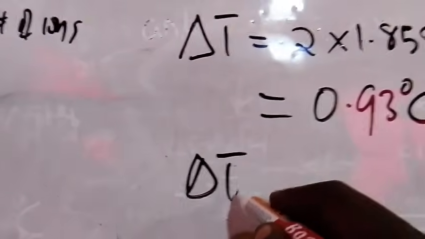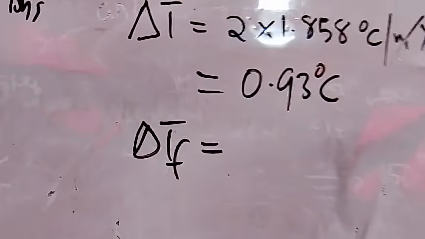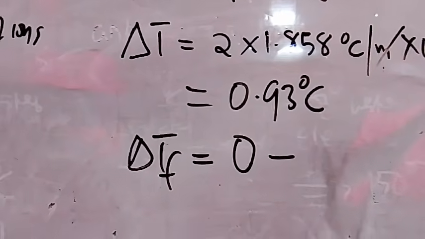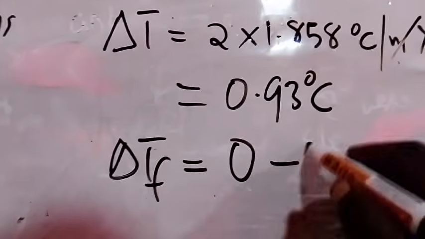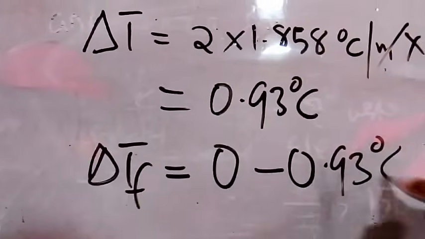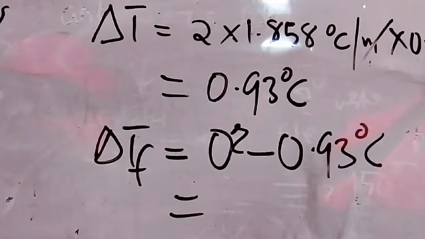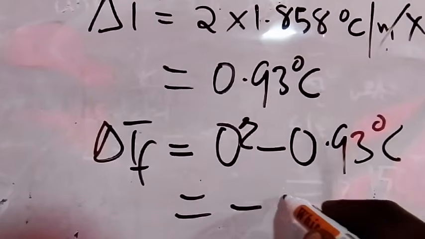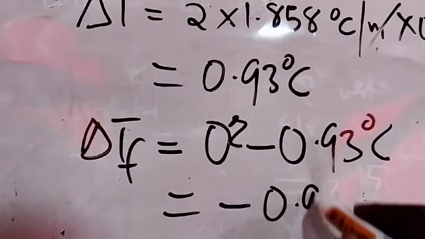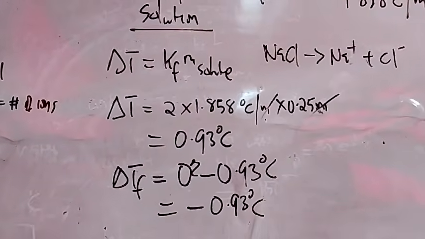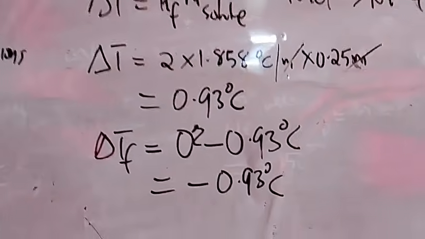So delta T is 0 degrees, the freezing point of water, minus 0.93 degrees Celsius, which gives us negative 0.93 degrees Celsius. So this is the freezing point.